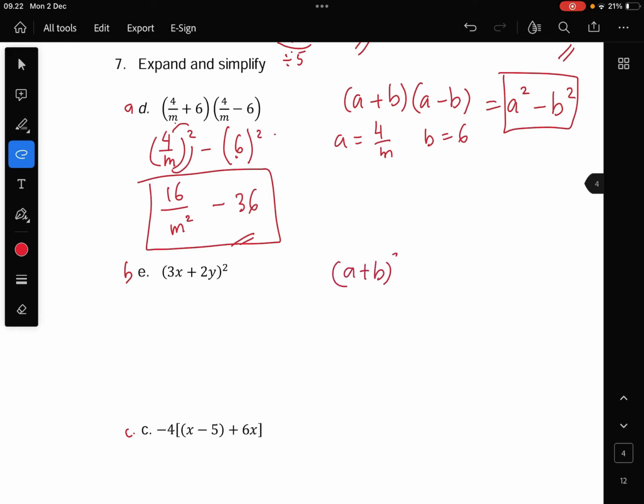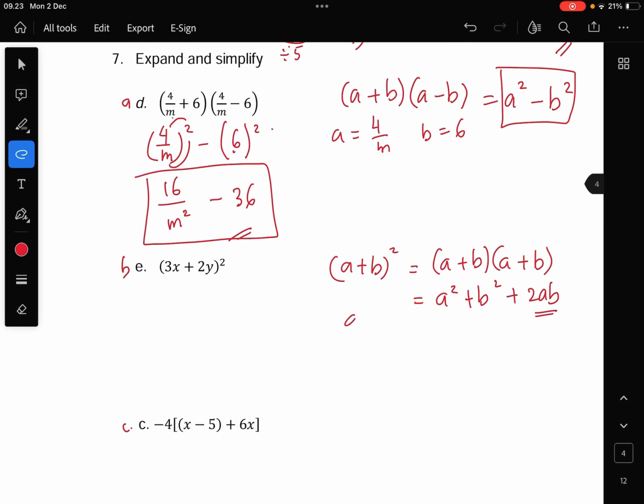If you have this kind of a plus b squared, it means you have a plus b times a plus b, right? You can do it also like that. But do you still remember a squared plus b squared plus 2ab? It is one of our algebraic properties, actually. You can just identify what your a is here.